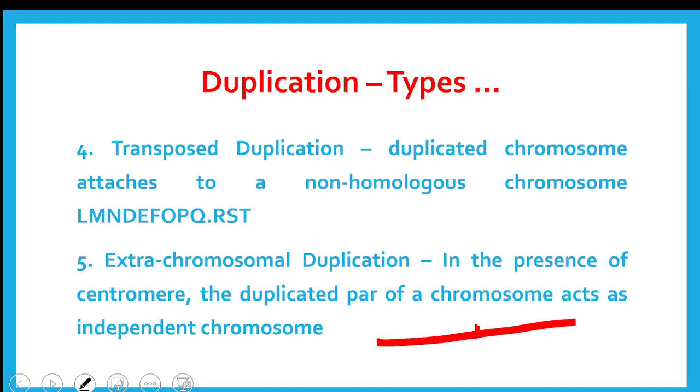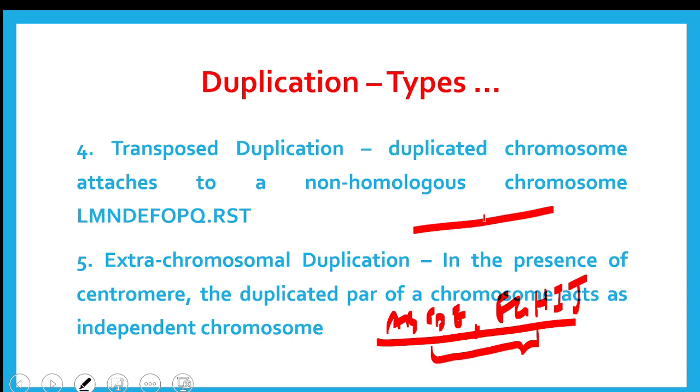There is a chromosome A, B, C, D, E, F, G, H, I, J. So here the portion from C to G is said to be duplicated. So C, D, E, F, G is duplicated. Here this is normal, there is no change here.